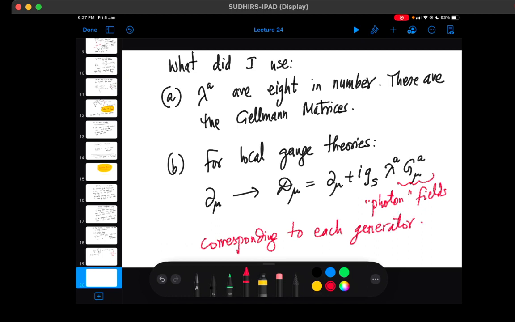These are called gluons. They are 8 in number, A equals 1 to 8.